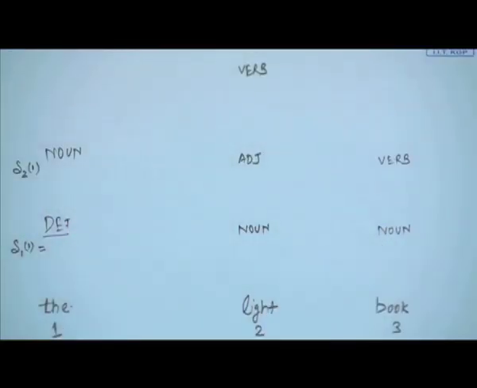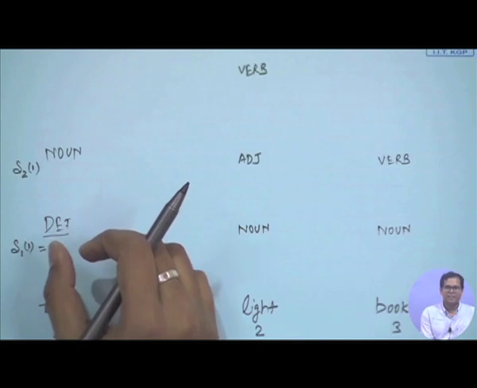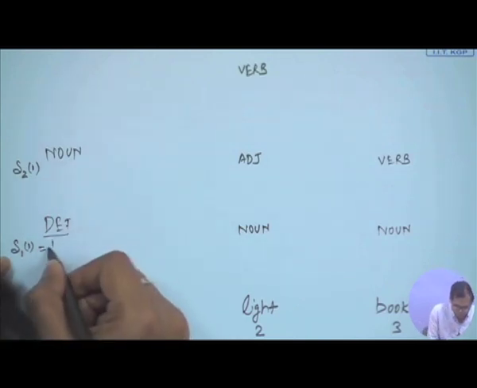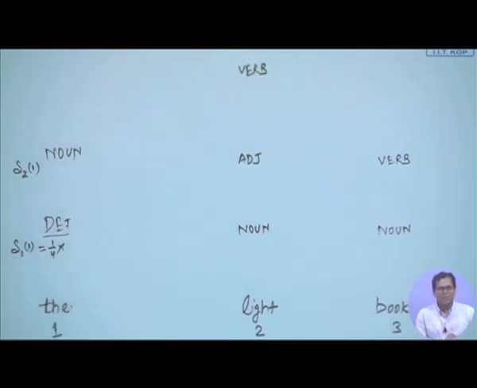Okay. So now the question is that how many tags would you assume? So here you can take any assumption. So in this question you are shown only 4 tags: determiner, noun, verb and adjective. So assume there are only 4 part of speech tags, and each one has equal probability of occurring at the start of the sentence. So what will be the probability of determiner occurring at the start of the sentence? It will be 1 by 4. Okay.